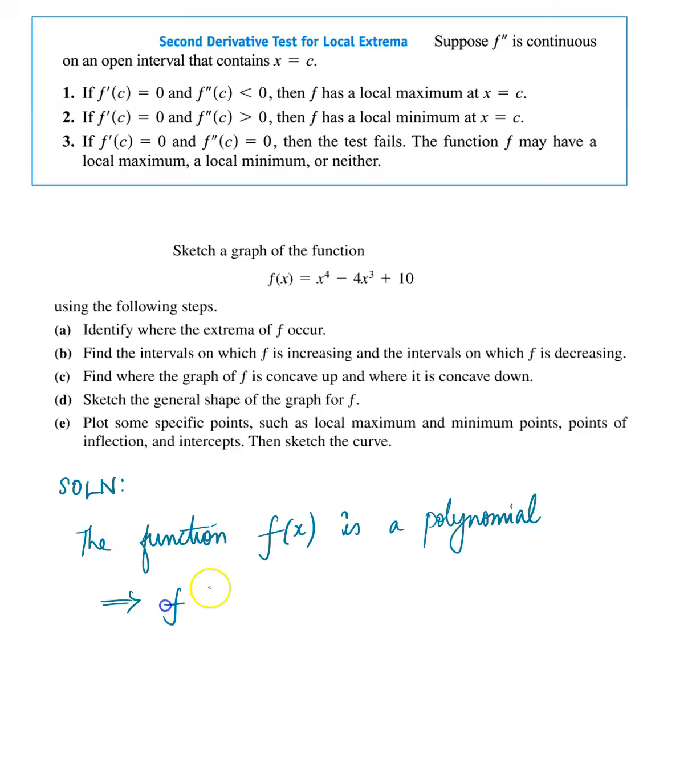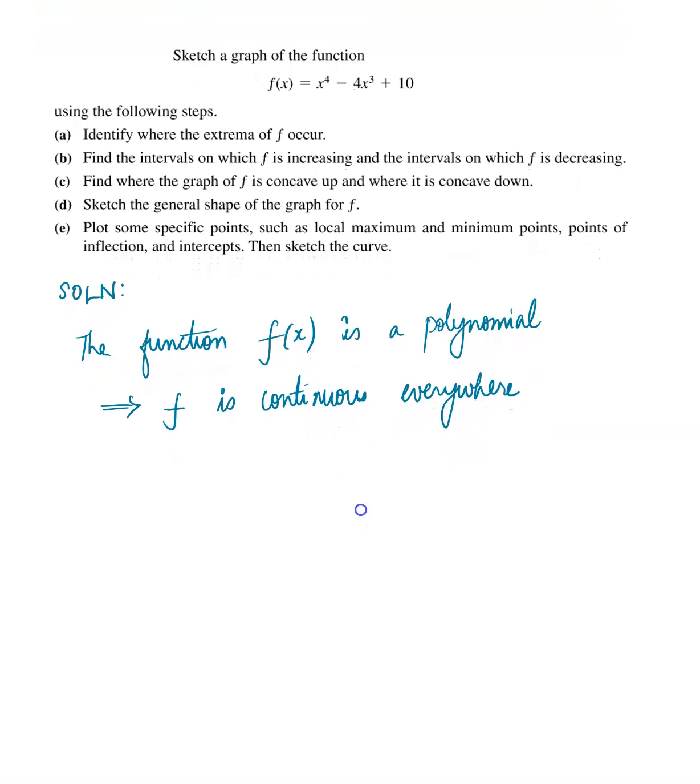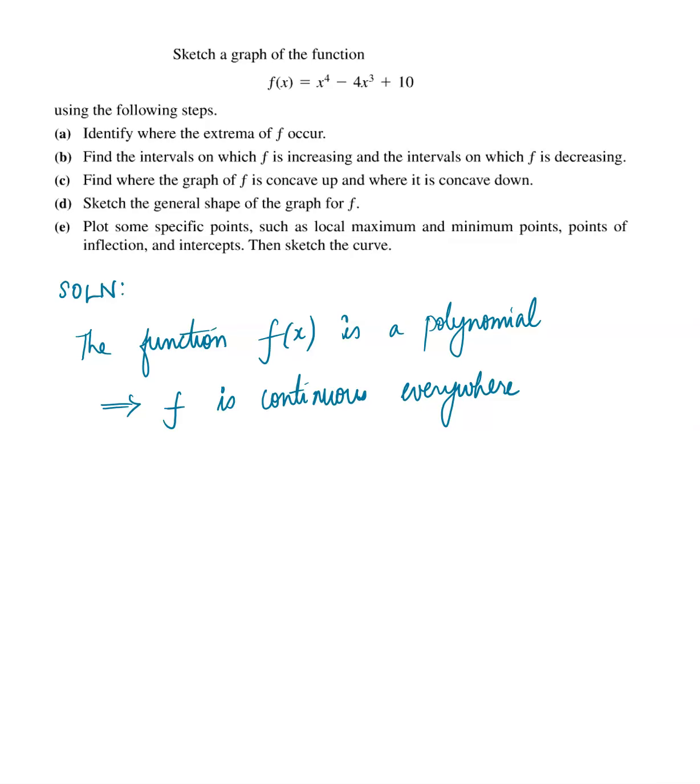This implies f is continuous everywhere, because there is no restriction on the domain. If it's continuous, then the premise is satisfied. And there are no endpoints.